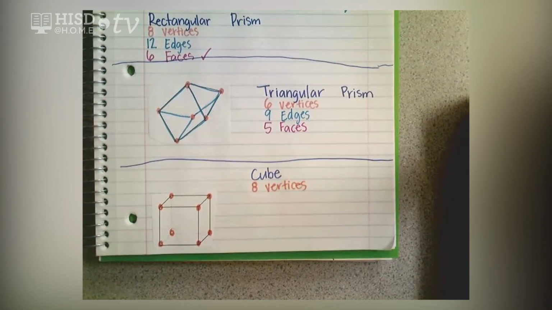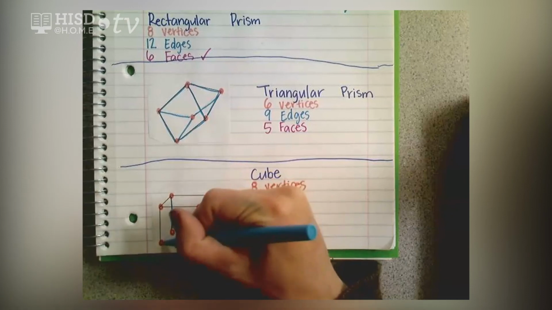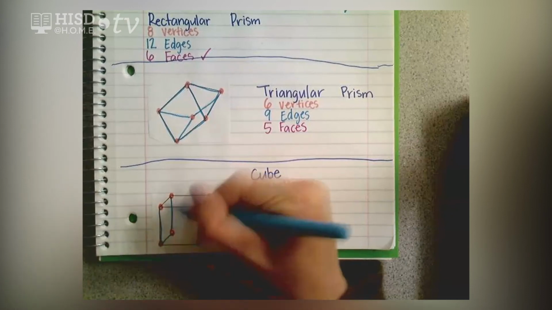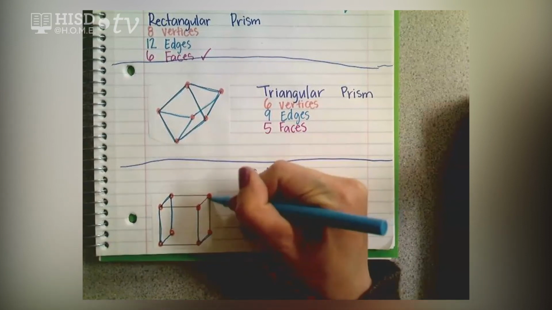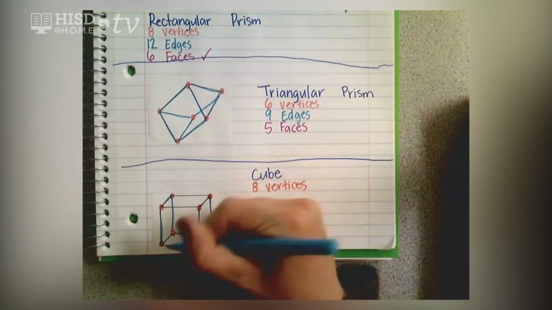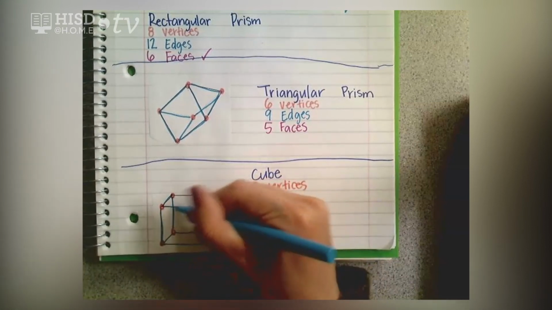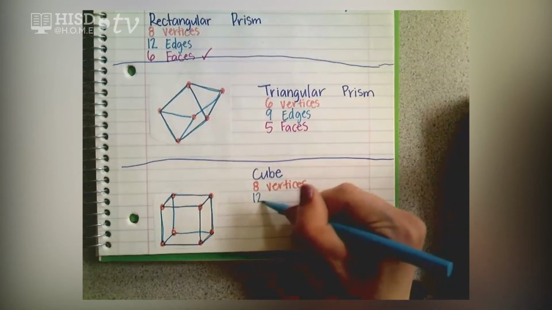Now I'm going to trace my lines and count my edges. 1, 2, 3, 4, 5, 6, 7, 8, 9, 10, 11, 12 edges.